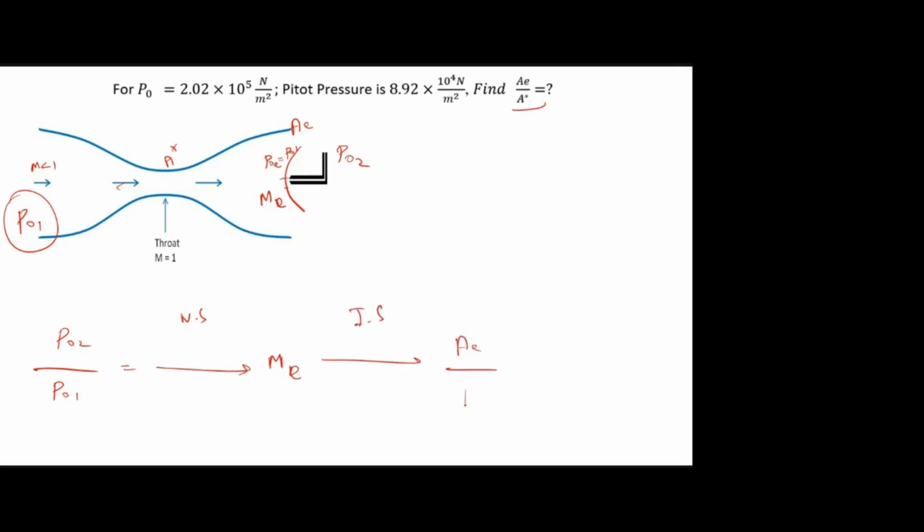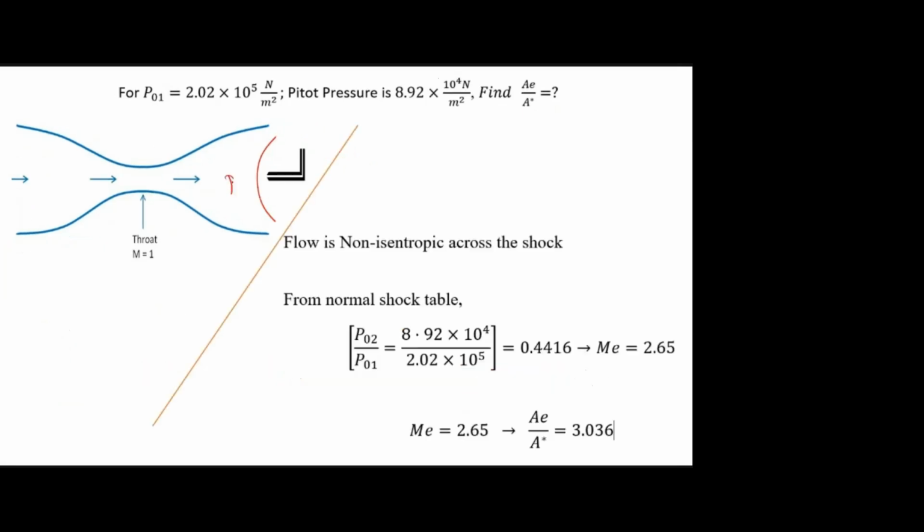You can find corresponding AE by A star. There is a shock wave. So here I have P naught 1. Behind that I have different pressures, P naught 1, P naught 2. So from that I can find the Mach number using the normal shock table. So this Mach number is 2.6. Once I know this Mach number, I can find the corresponding AE by A star from the isentropic table, 3.036.